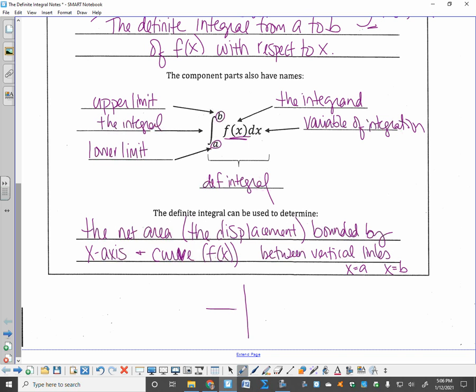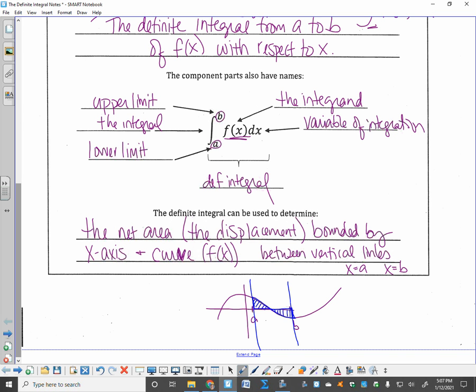If I had some really cool curve and I was going from A to B, then I have these vertical lines that chop off. I want the area between the curve and the x-axis, but I want to stop here and stop here.